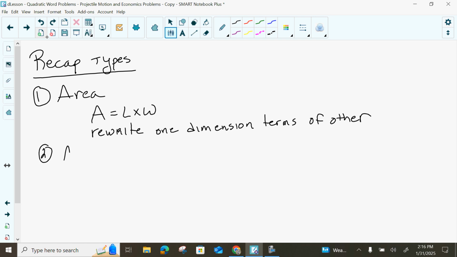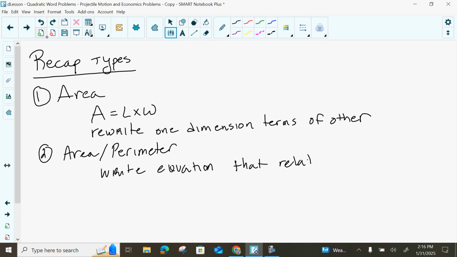The second type we did was an area and perimeter one. That one you usually write an equation that relates area and perimeter. So you're going to draw a picture. Always draw a picture in all of them.